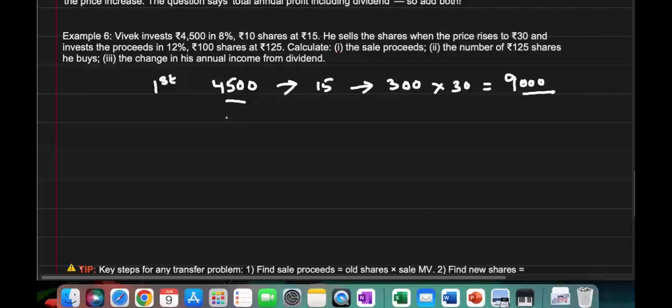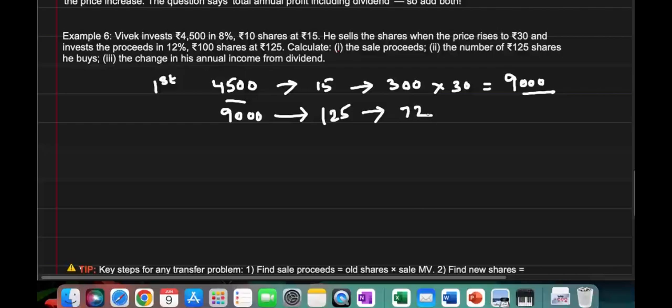In the second leg, this 9,000 he invested again in the 125 rupees share. The market value was 125, so if you divide 9,000 by 125, you get 72 shares.